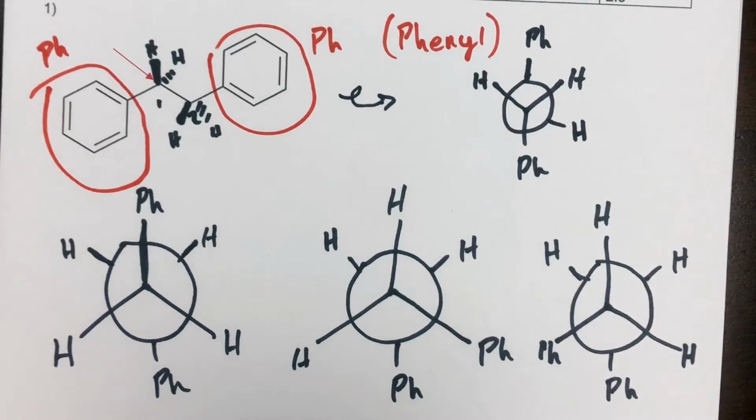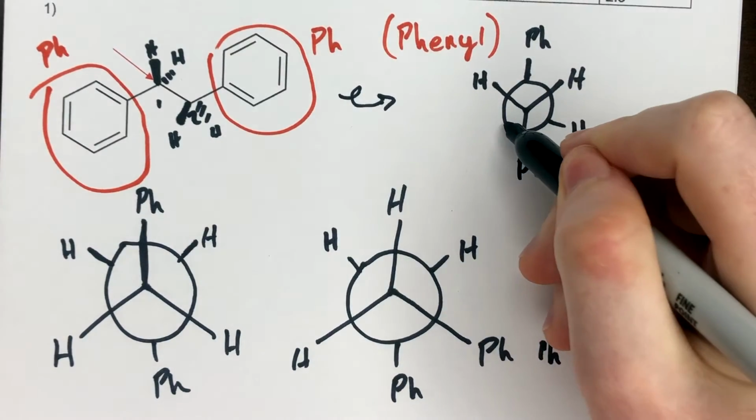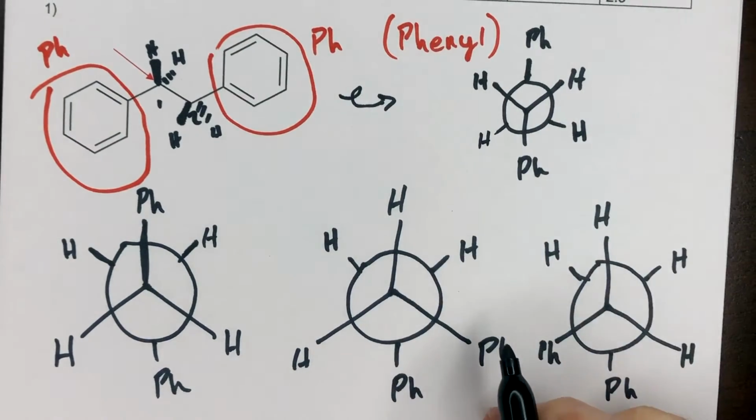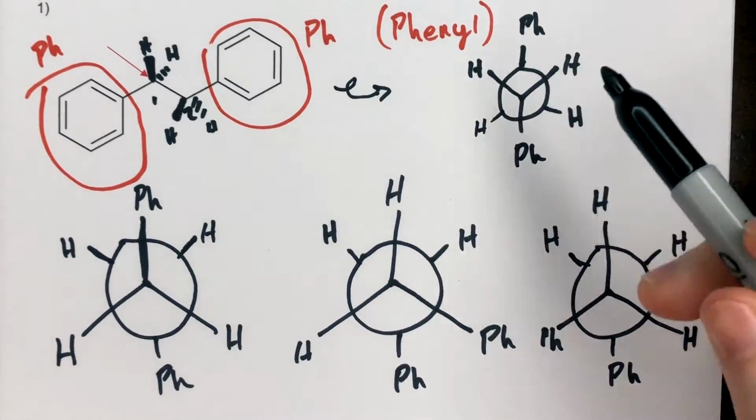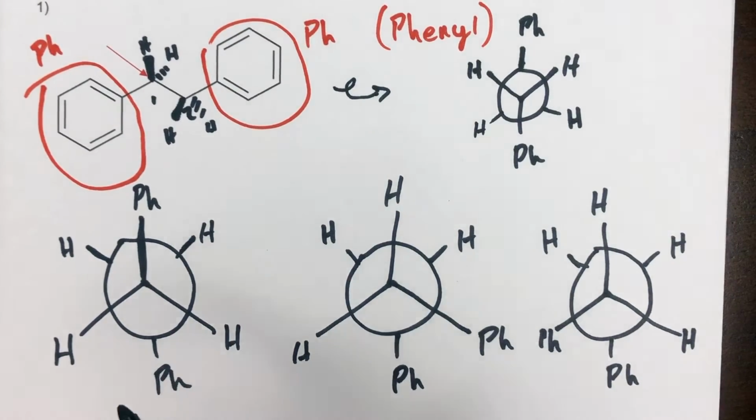The one that's out of the plane goes to the right, and the one that's in the plane goes to the left. So this is exactly the same as this one because it has this one anti-interaction. It's just looking at it rotated, but it's not rotating about the carbon-carbon bond. It's only rotating the entire molecule without changing the bonds.